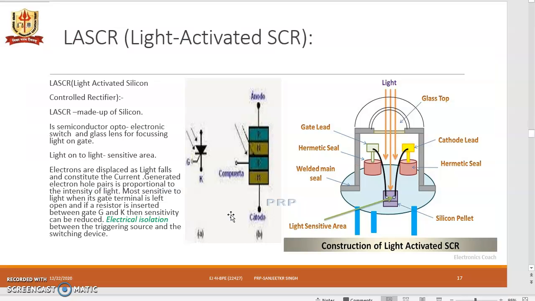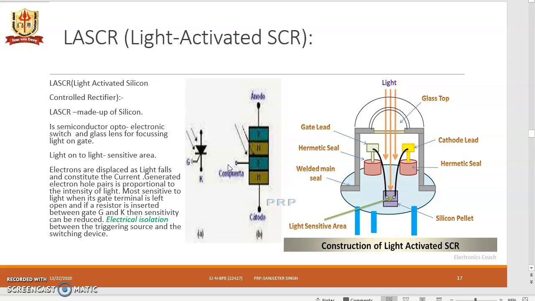Now coming to the first device here, LASCR, light activated SCR. Construction wise, it is also 4 layers with 3 junctions and 3 terminals: anode, cathode and the gate taken from the P layer next to the cathode side, and it can be kept open.